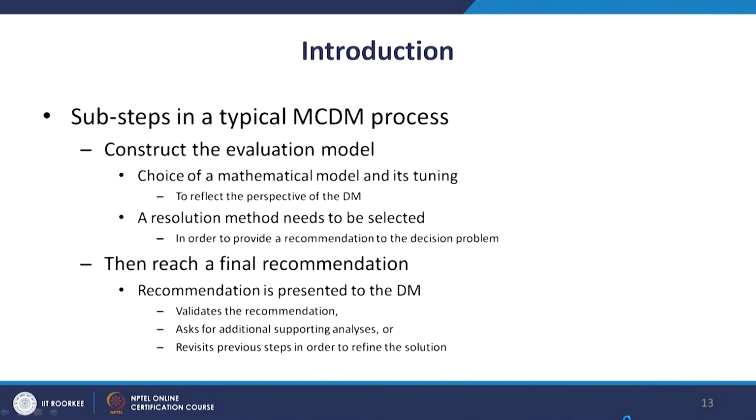Now, the next step is to construct the evaluation model. This step can also be broken down into a number of sub steps, for example, the choice of a mathematical model and its tuning.